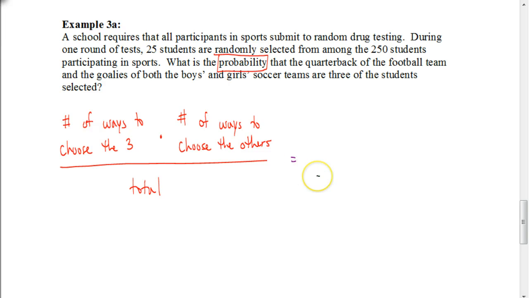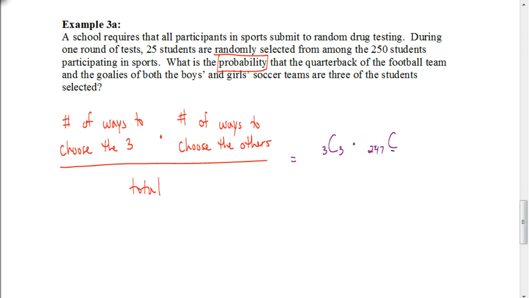Let's start with this first part. The number of ways to choose a 3, well, there's 3 athletes. We want to figure out how many different ways that we could choose all 3 of them. Again, that's the quarterback and the 2 goalies. Well, if we have 250 student athletes and we've selected 3 of them, now we're down to 247 student athletes.